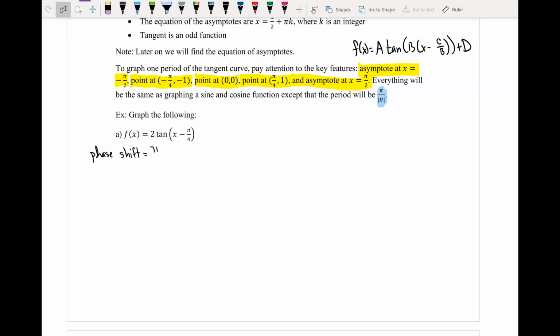Is pi over 4 units. And it's negative, so it's going over to the right. If you think about the graph of the tangent curve, let me just draw one whole period.